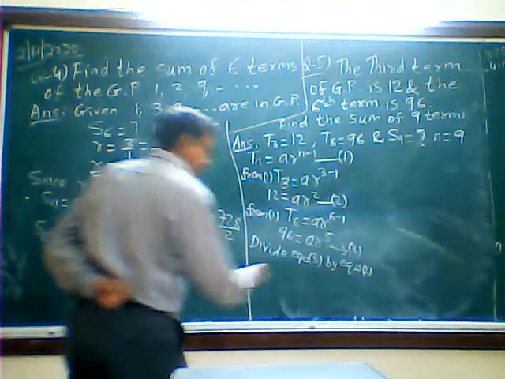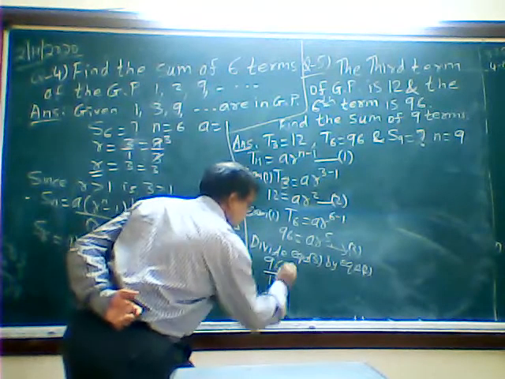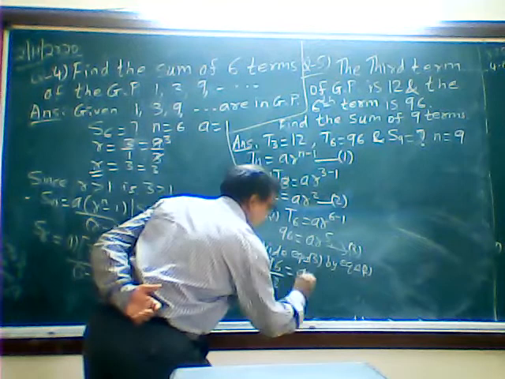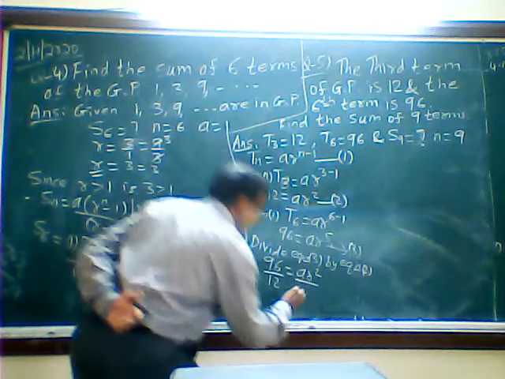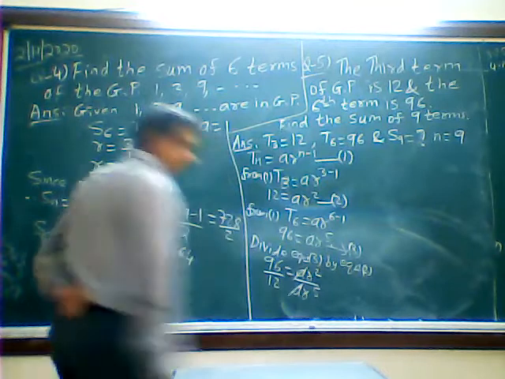That is 96 divided by 12 on this side, equal to A r raised to 5 divided by A r square. So here A cancels.